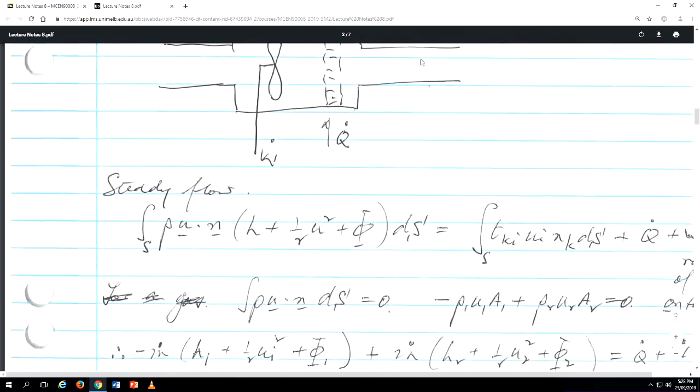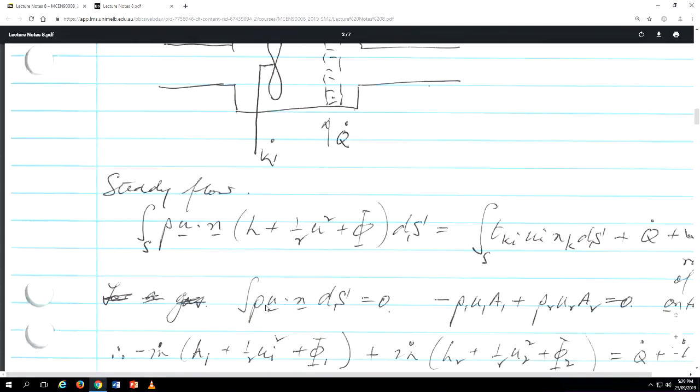All right, now in addition to the steady flow energy equation, we have the conservation of mass, which we have to write down. Because there's no d rho/dt, it says that the integral of rho u dot n dS is identically zero. Now for this device, we're going to assume uniform flow at the inlet and uniform flow at the outlet, so that we can easily do this u dot n dS.